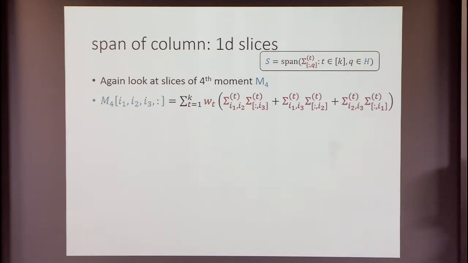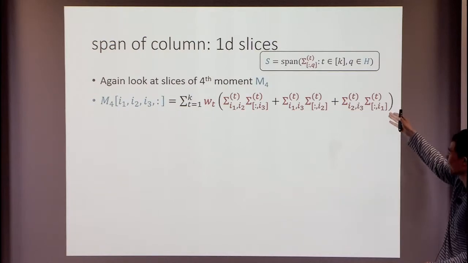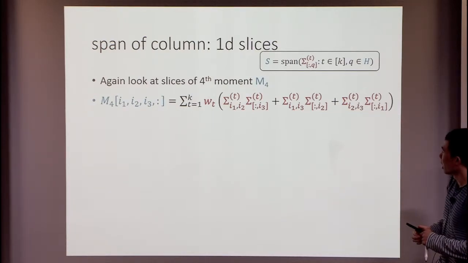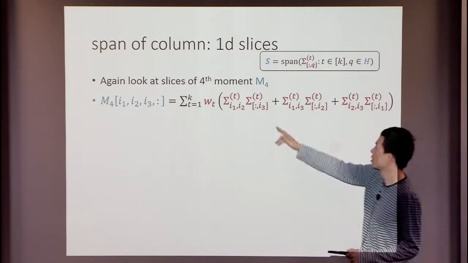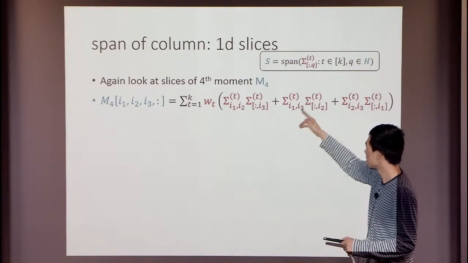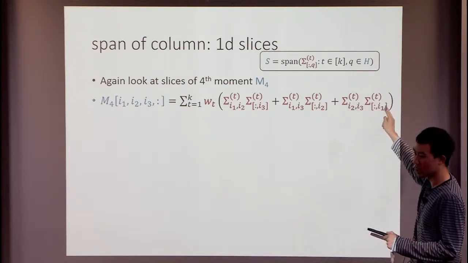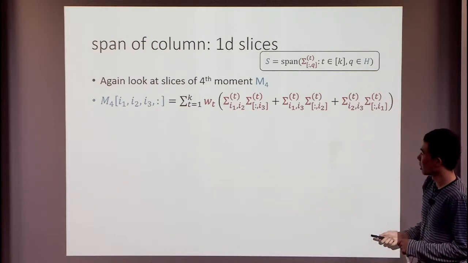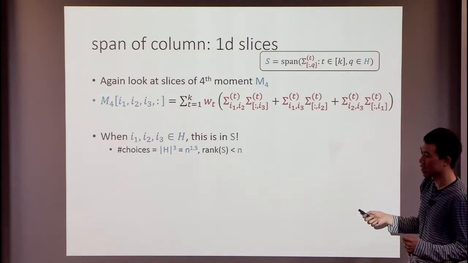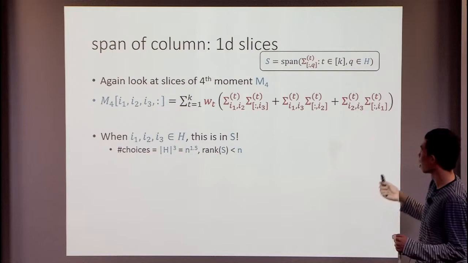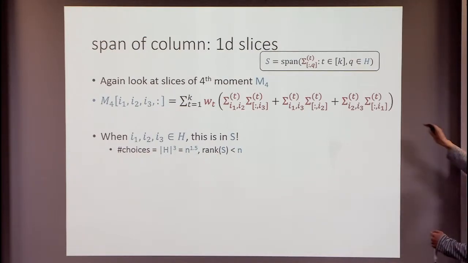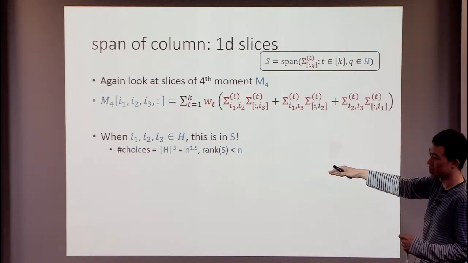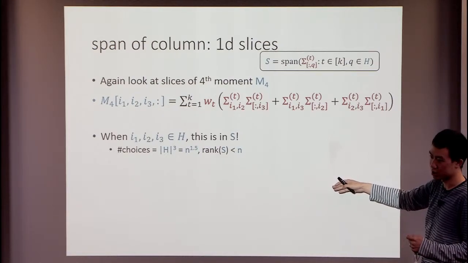Again, please believe me that if you do the calculations, this is what you get. And the key observation here is this is I3's column, this is I2's column, this is I1's column. If all these indices I1, I2, I3 are in this set H, this whole vector must be a vector in the subspace S that we wanted.